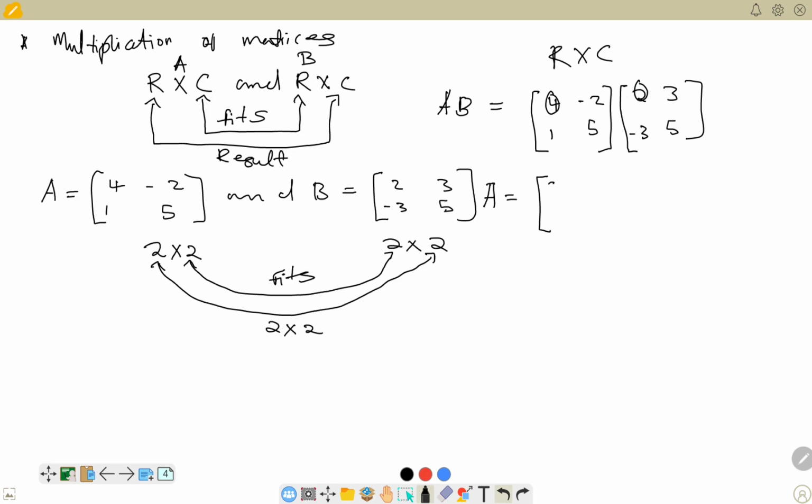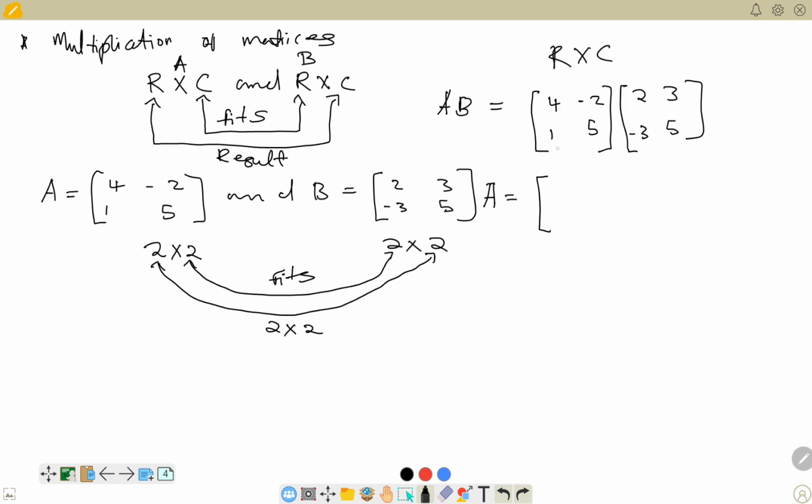So 4 times 2 is 8. We are still on the first row of matrix A and the first column of matrix B. So negative 2 times negative 3 is plus 6. So we have to add that. Then we jump with the same row of the first matrix. Now we take 4 and multiply by 3.